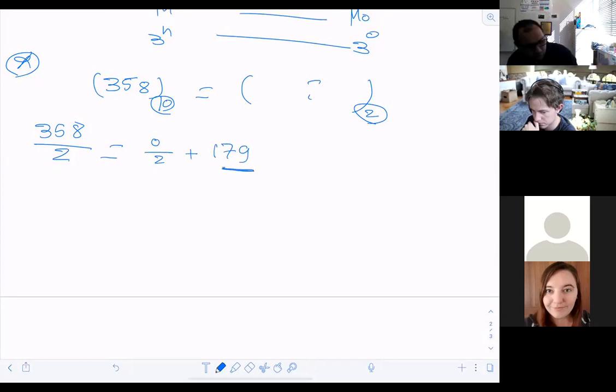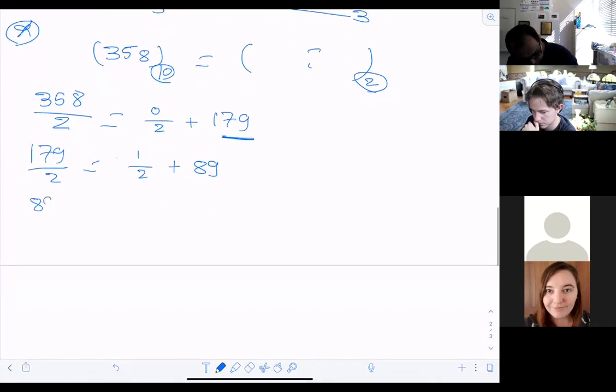Then I take this quotient and keep dividing. So 179 divided by 2 is 89 with a half remainder. Then 89 divided by 2 is 44, and I have a half.